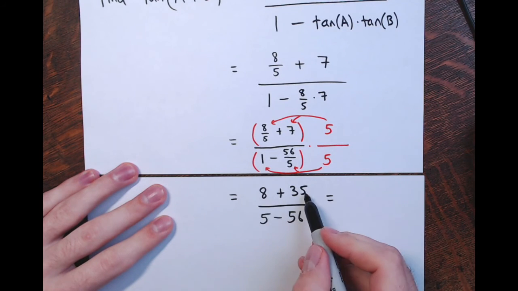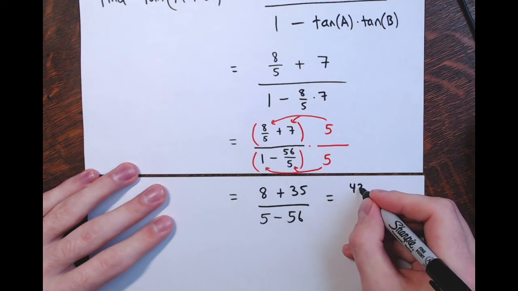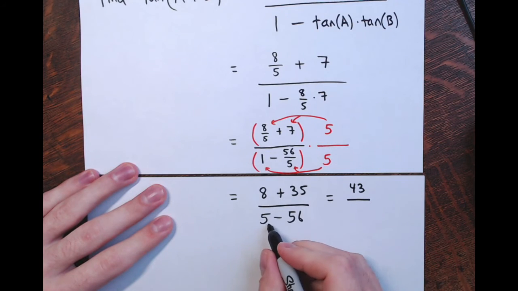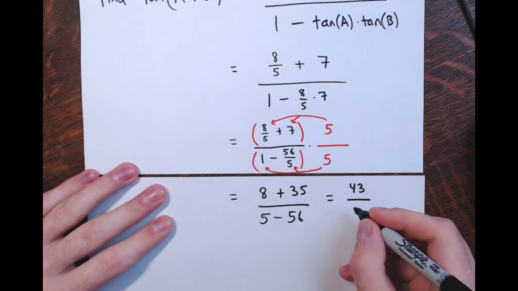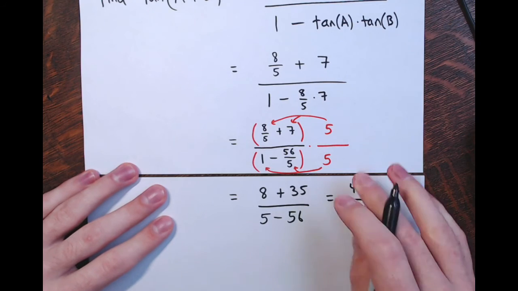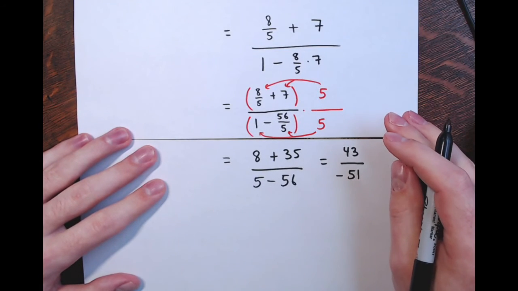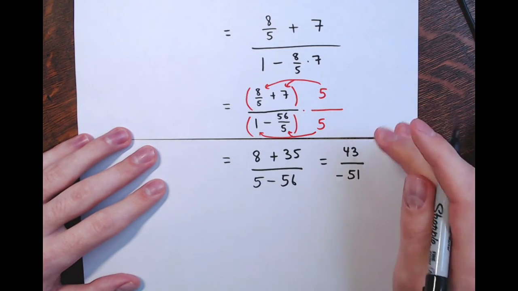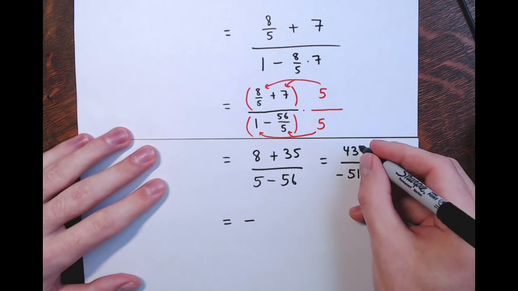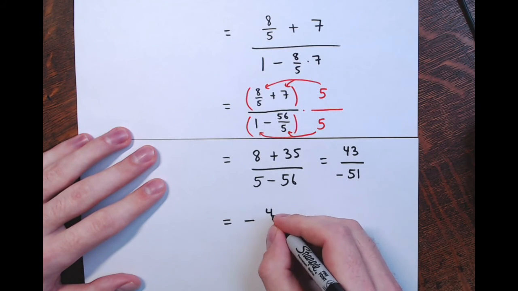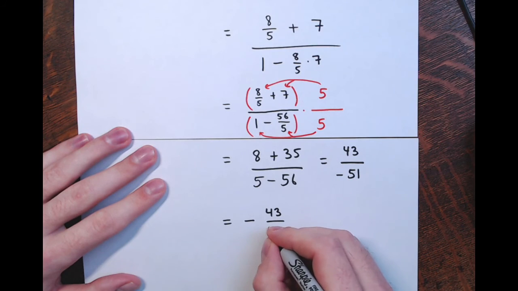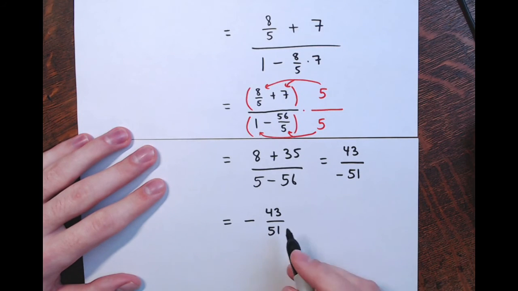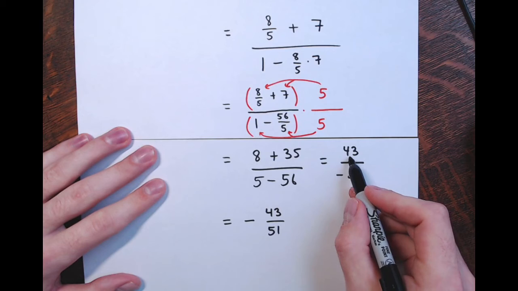So 8 plus 35 is 43 in the numerator, and 5 minus 56 is negative 51 in the denominator. Positive divided by negative is negative 43/51.